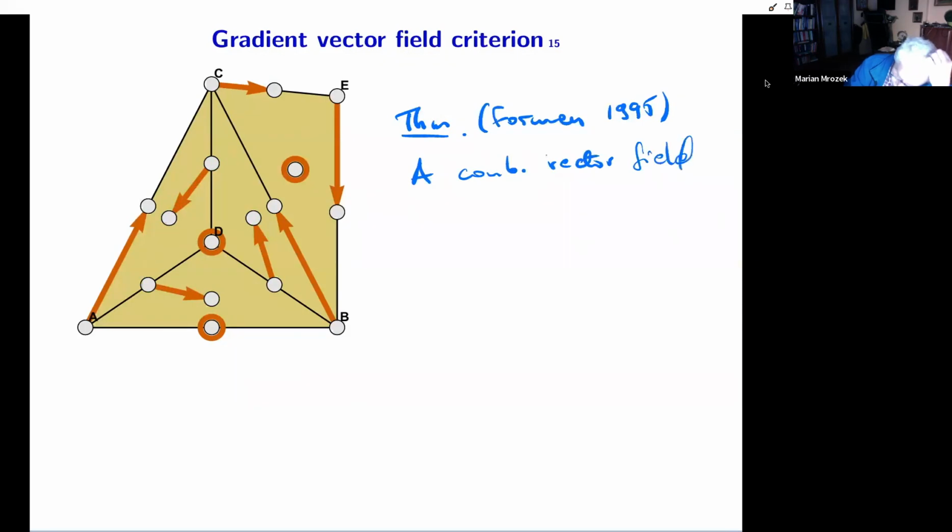So I start now, for instance, with this one, and I want to ask whether it comes from a discrete Morse function or not.